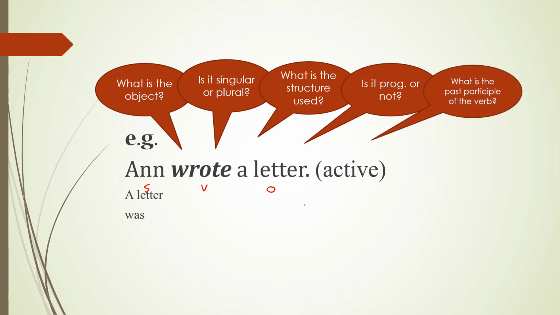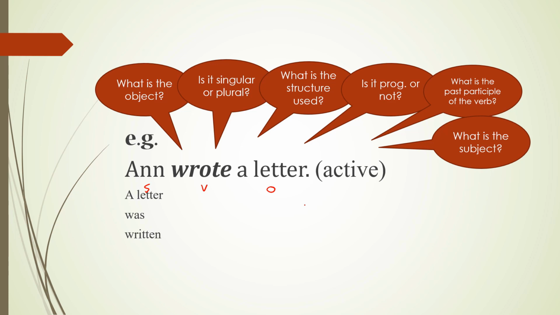The next question, what is the past participle of the verb? The verb is wrote. Wrote comes from write. Write, wrote, written. So the verb that must be used in passive is written. Then the last question, what is the subject? The subject of the active is Anne.